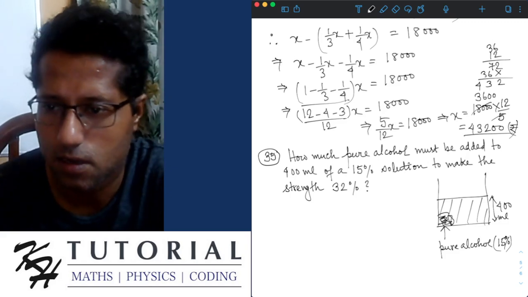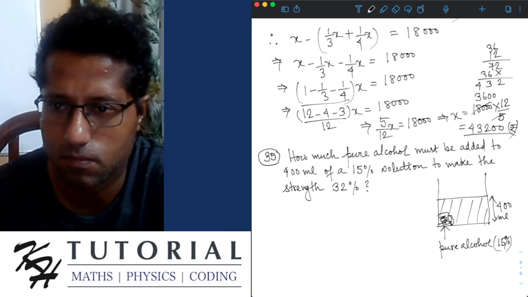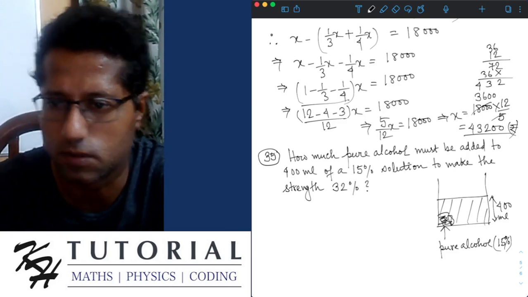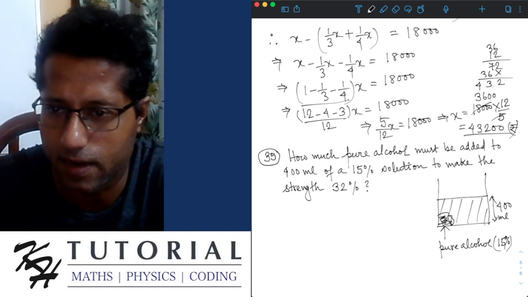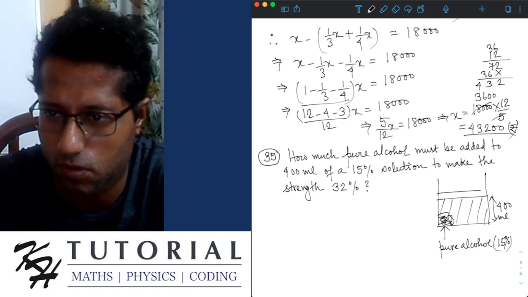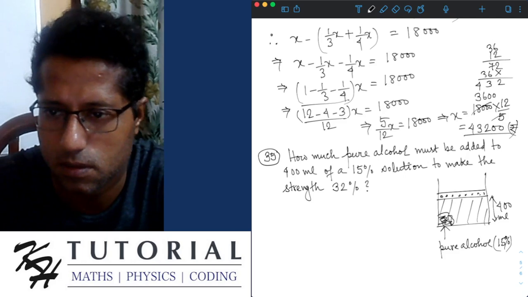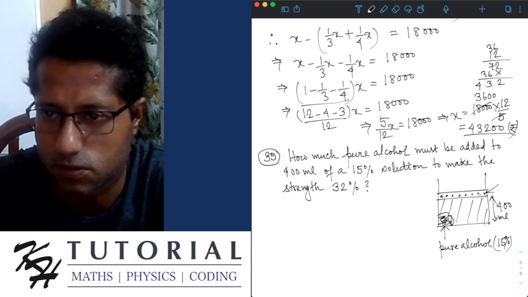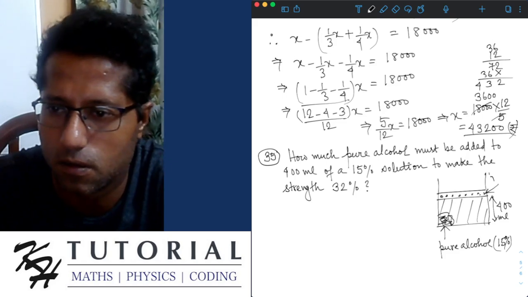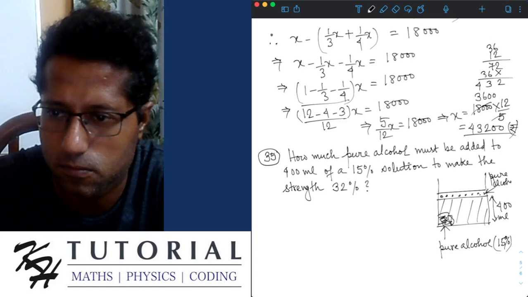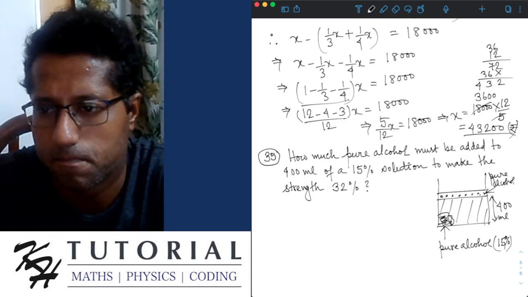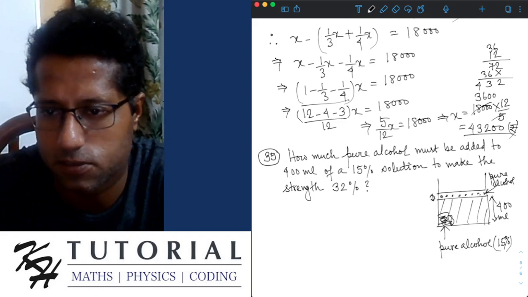The question is how much pure alcohol must be added to 400 ml. Let's say we add this amount of pure alcohol, and let's say this is x ml.